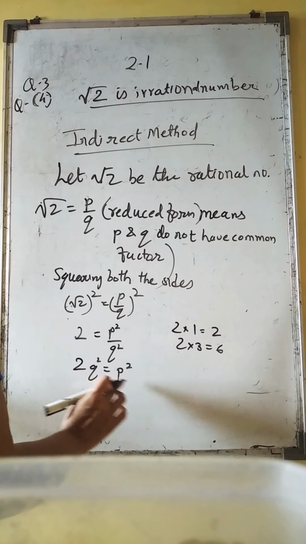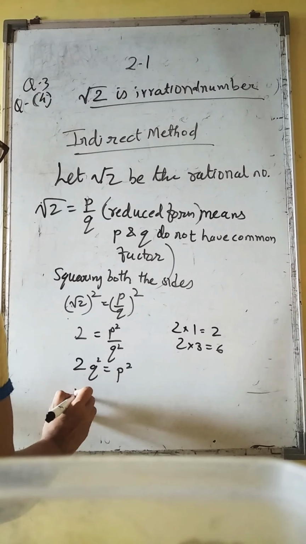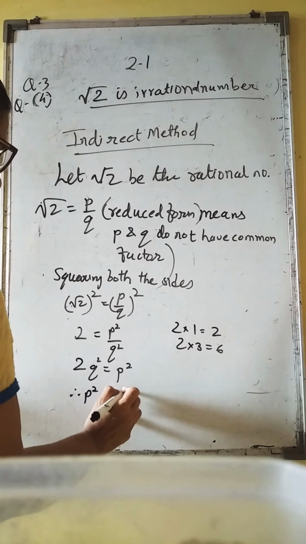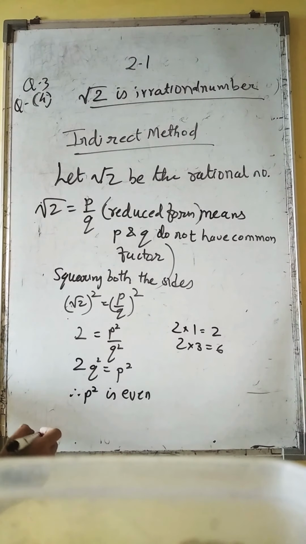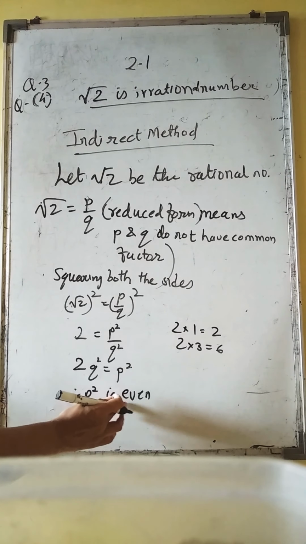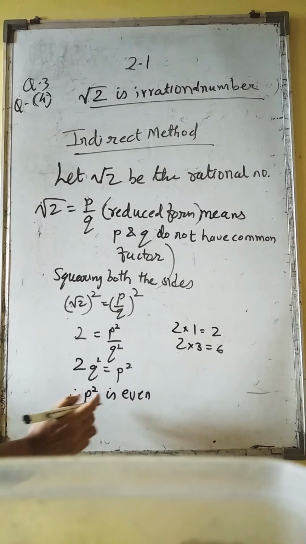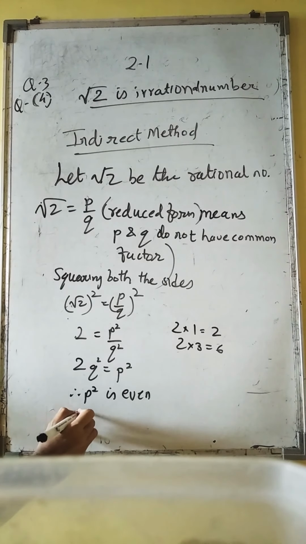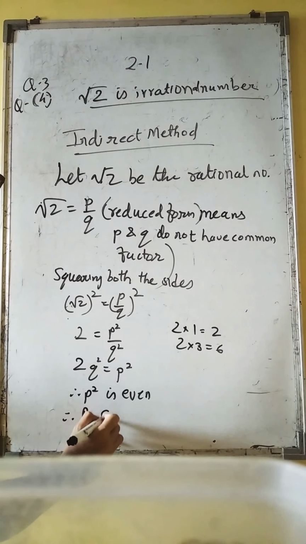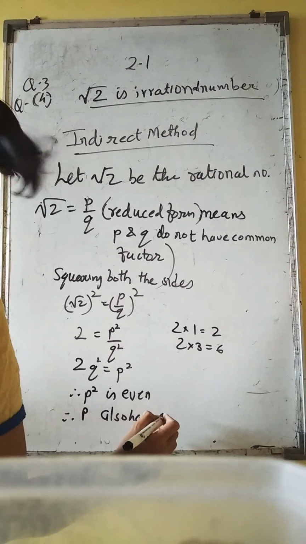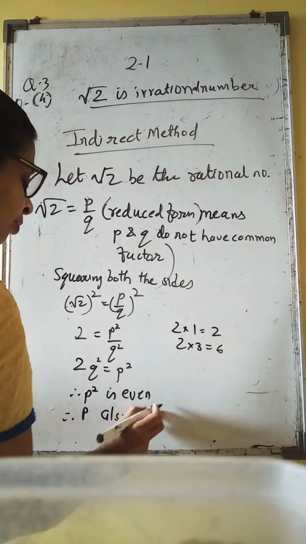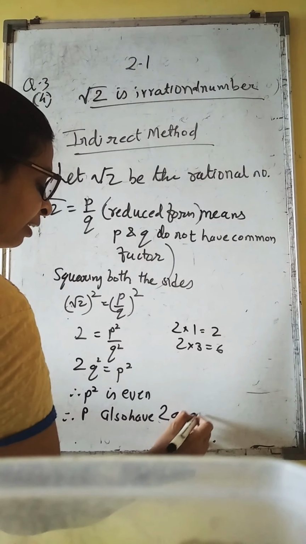So this is even number and this is also even number. Therefore P square is even number. If this is even then that will also be a multiple of 2. Therefore P also have 2 as a factor.